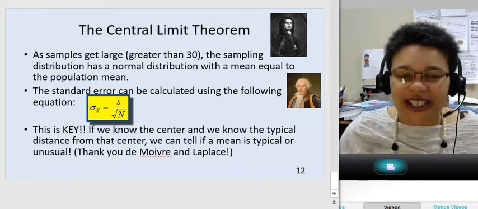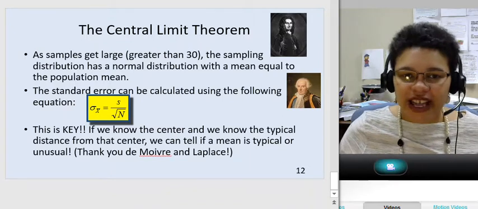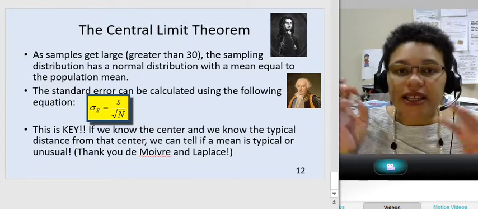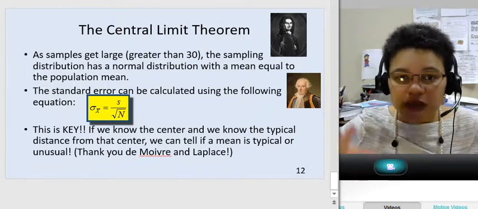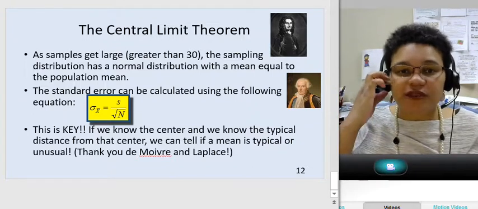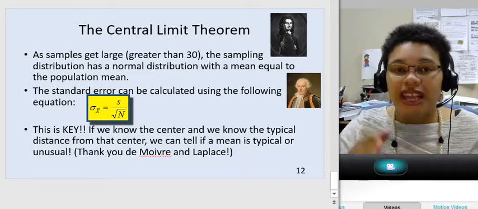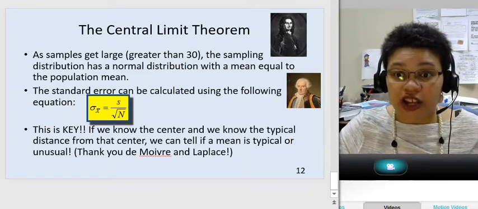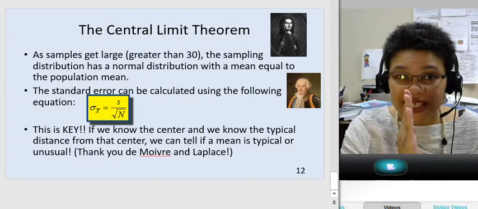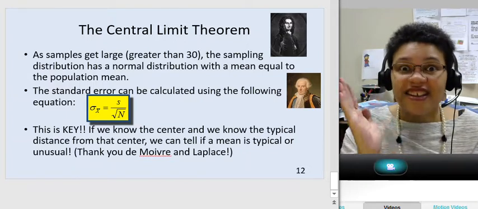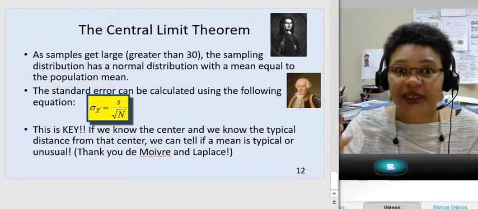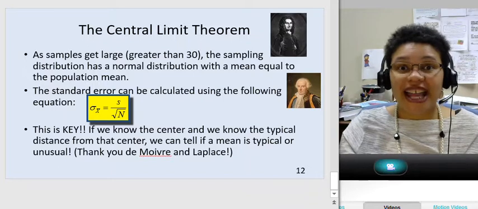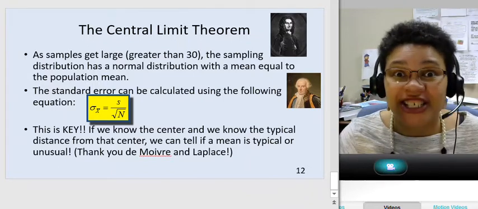In the real world, if you have more than 30 in your sample, and you were to repeatedly draw samples of 30 or more, the distribution of means would have a normal distribution with a mean equal to the population mean. So we could figure out what the center is. We haven't sampled the whole population, but it'll let us know what the population mean is.